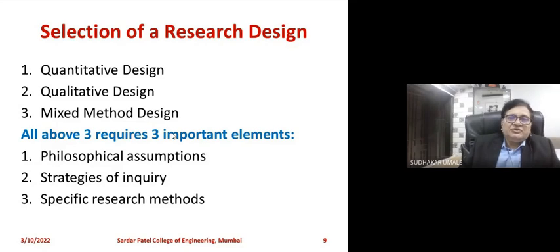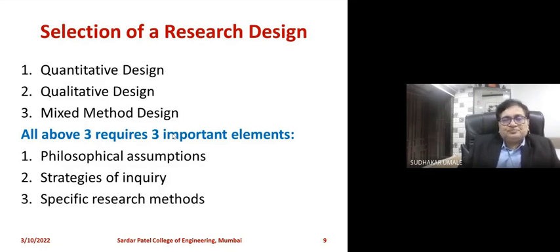That is, whether you are selecting quantitative design, qualitative design, or mixed method design, meaning we are using both at a time, quantitative design as well as qualitative design. Then it is called mixed method design. So we'll discuss later on one by one in the next slides.